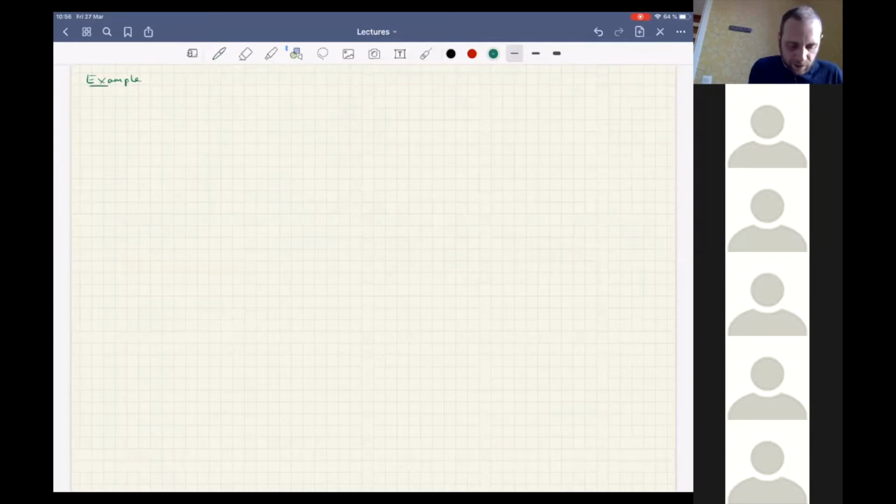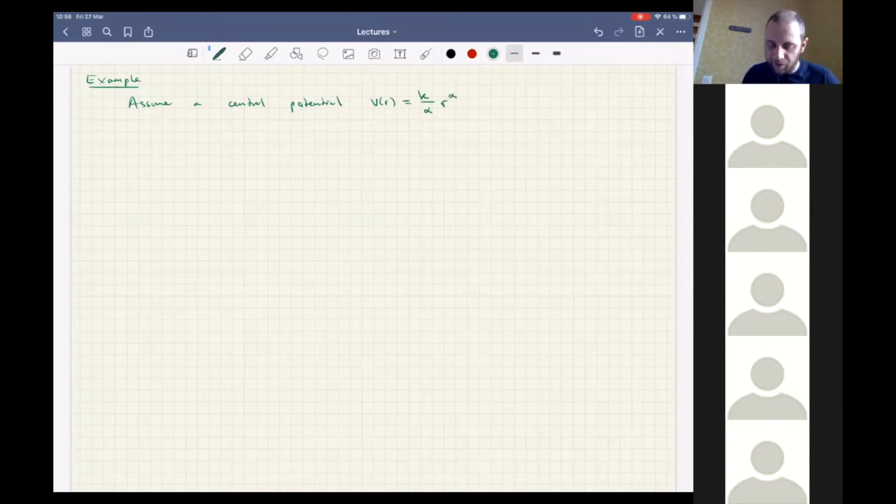The example I want to give is quite a general example. I'm going to assume a central potential that is V of R equal to some constant K divided by another constant alpha, times R to the alpha, and that alpha is going to be the same alpha that appears in the power of R. I'm doing this so that the potential will always be attractive.